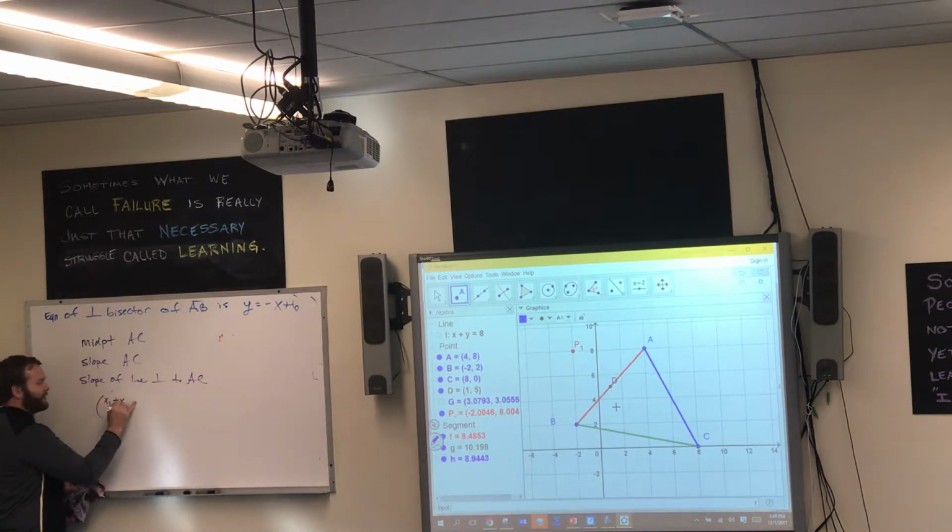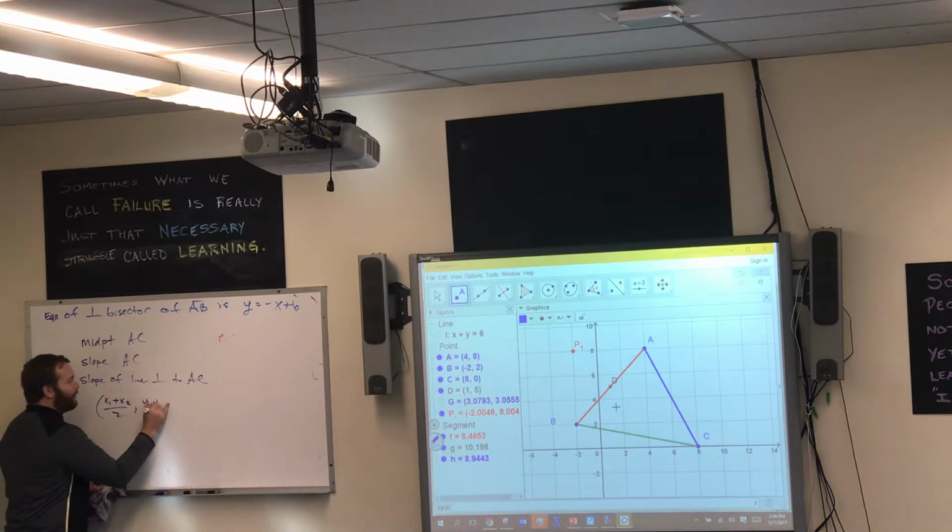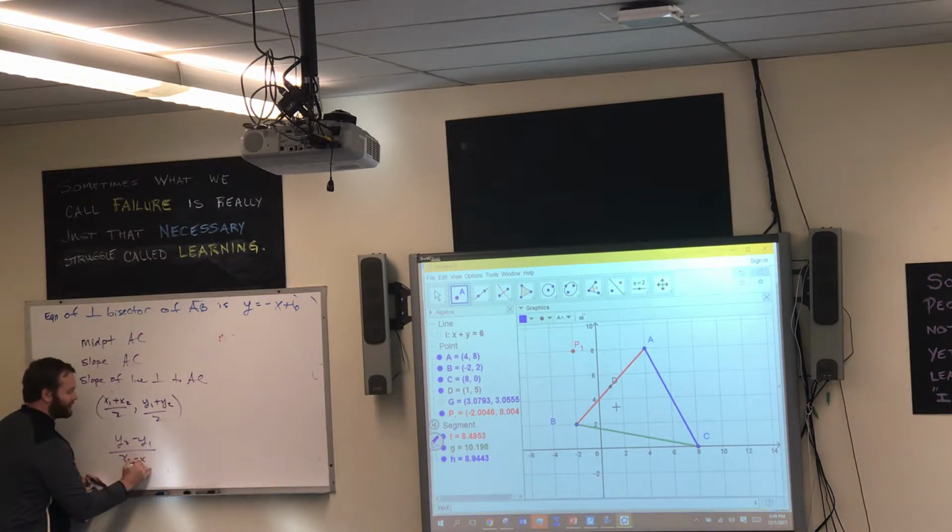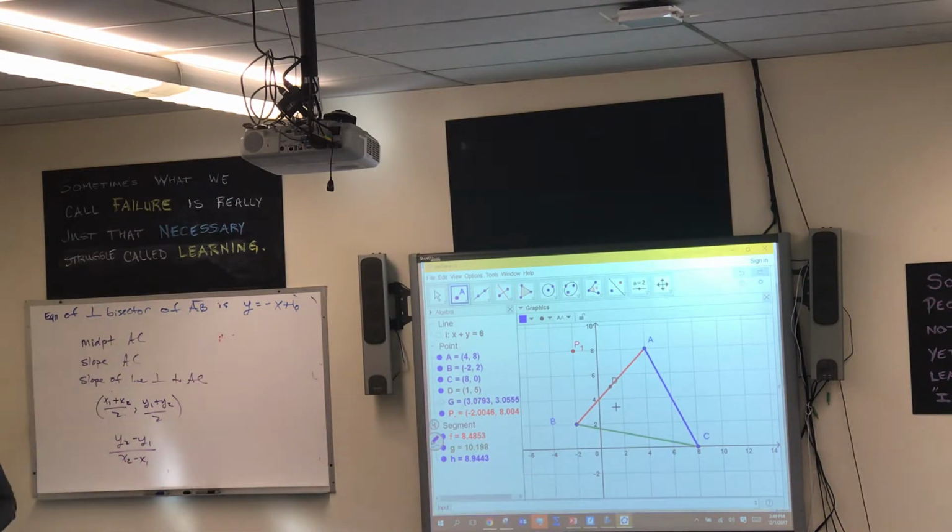Midpoint, x1 plus x2 over 2, y1 plus y2 over 2. Slope, y2 minus y1 over x2 minus x1. Okay, so use those things, come up with those quantities, and then we'll come back and create that equation.